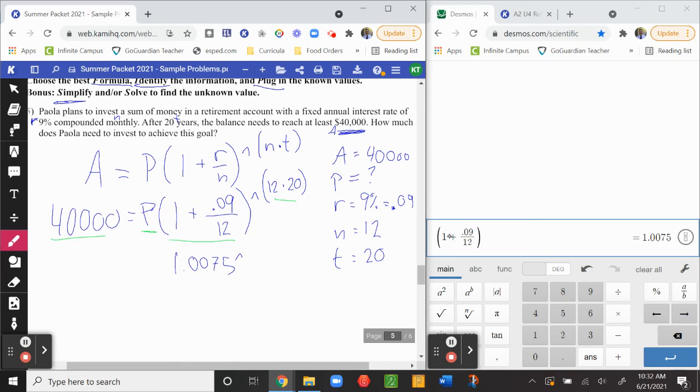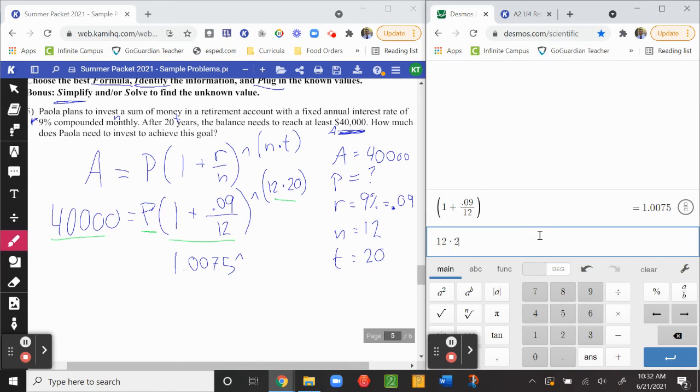Then I have another group, 12 times 20. Let's see, 12 times 20, that's 240. Okay, I've done some simplifying. I haven't done anything to my 40,000, or my equal sign, or my P.